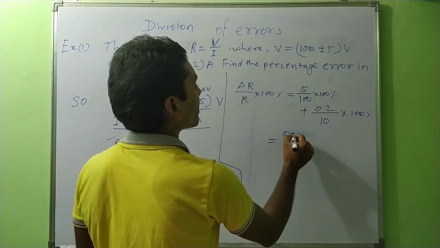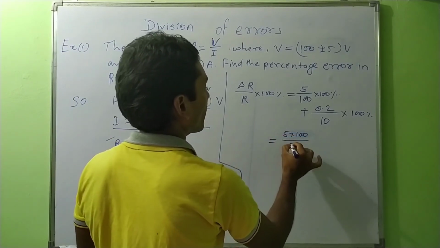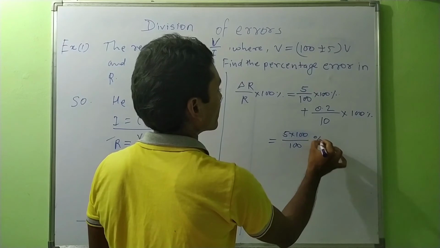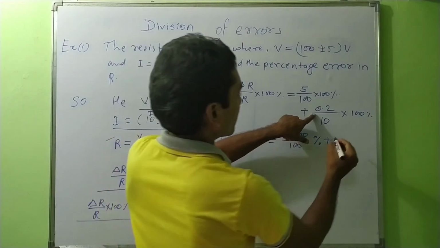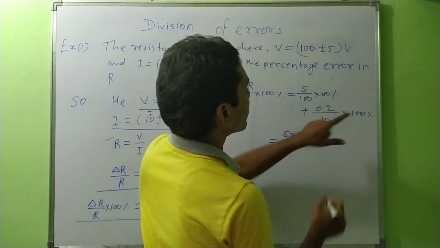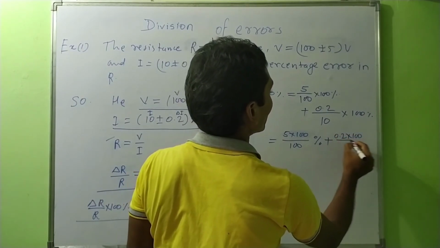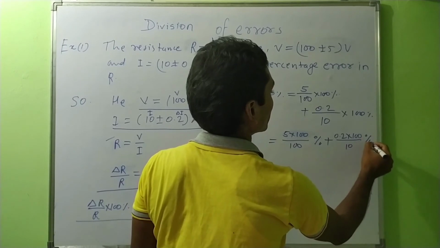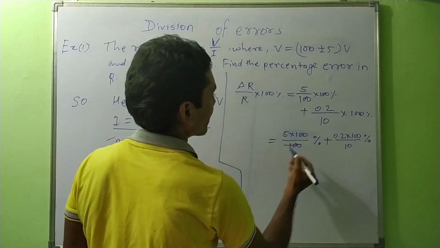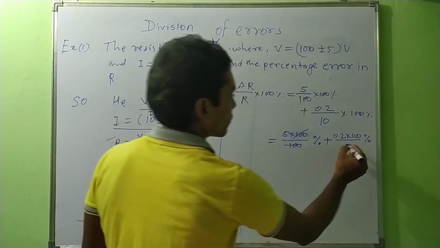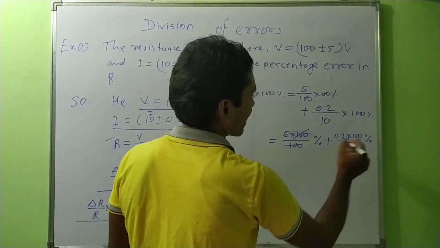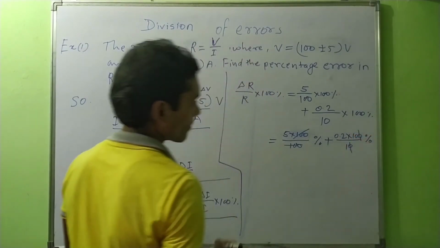It will be 5 into 100 upon 100% plus 0.2 into 100 upon 10%. 100 cancelled by 100, and this 0 cancelled by this 0.